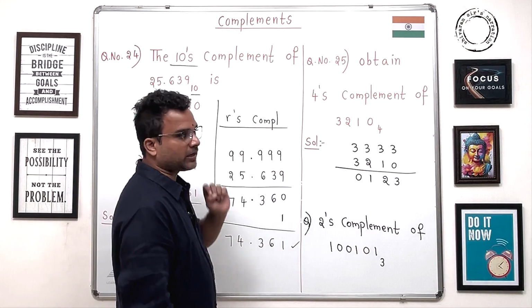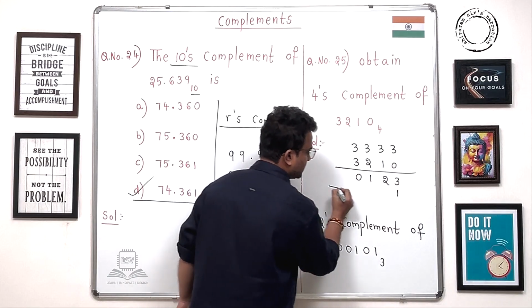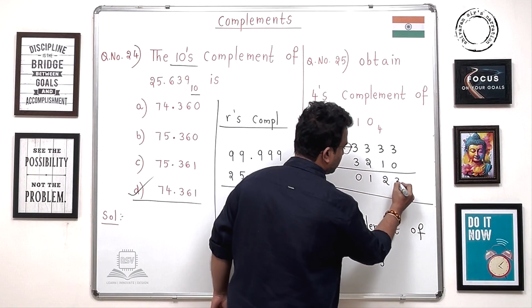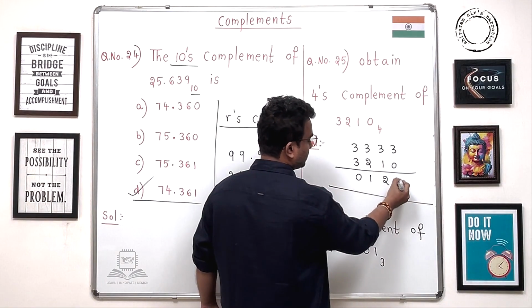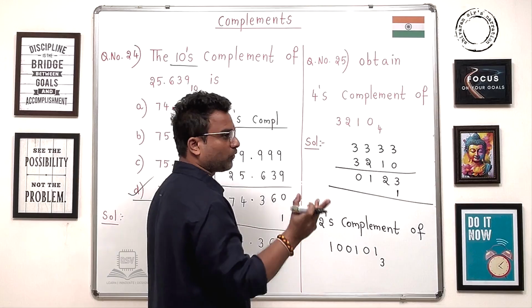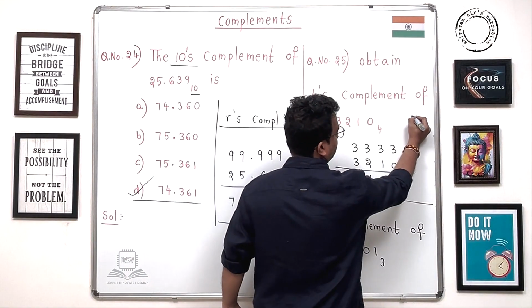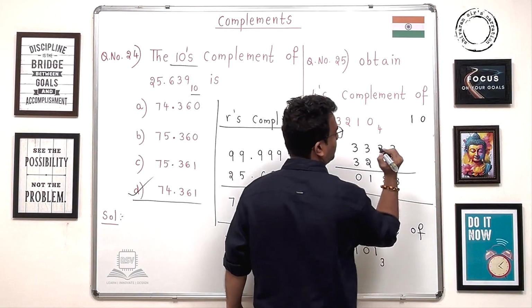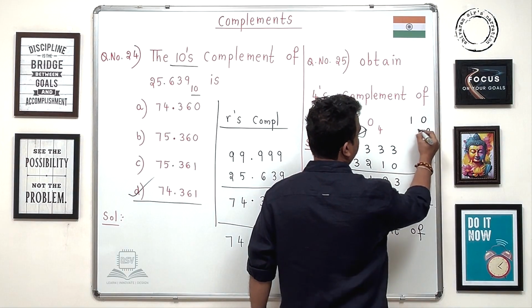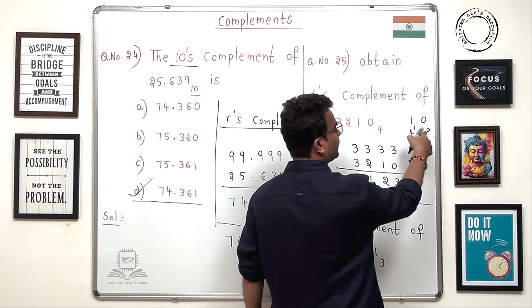But we want the 4's complement. Now, add 1 to the least significant digit. Here, 3 plus 1, what do you get, guys? Actually it is 4, but in the base 4 number system it is 10. 1 into 4 power 1, 0 into 4 power 0.